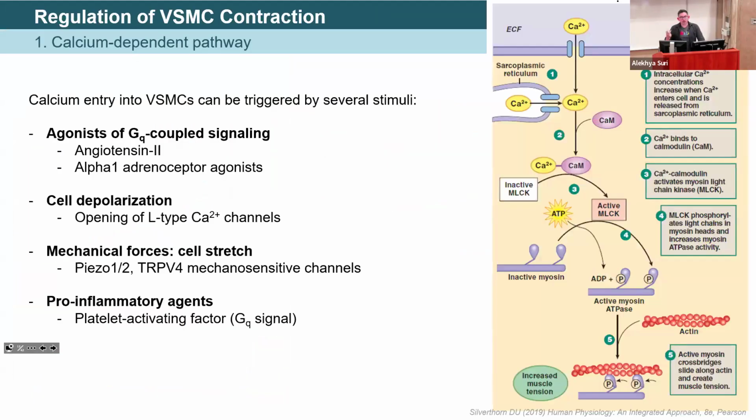So what are the pathways that contract? This is, after all, a course in cell biology, so signaling pathways are at the order of the day. So there are basically two ways to contract smooth muscle, right? And in particular, vascular smooth muscle. The first pathway depends on calcium, right?